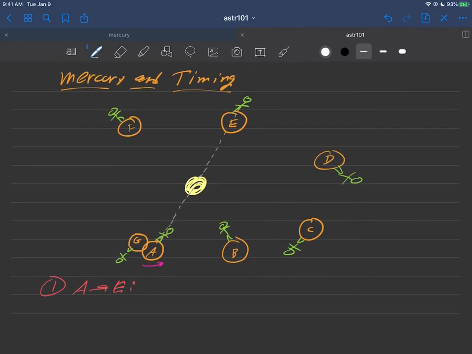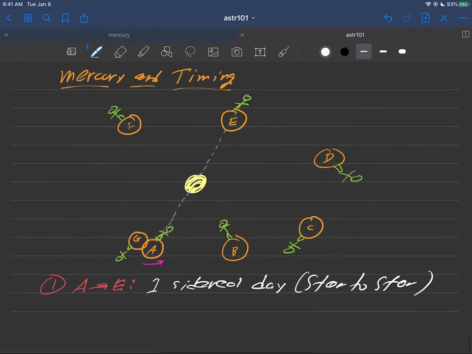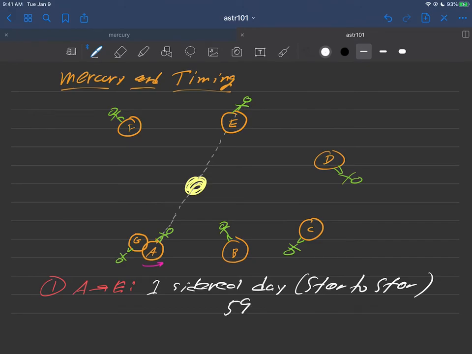So A to E, on Mercury, is one sidereal day. Remember, that's the star to star timing. And it turns out on Mercury, that timing is 59 days. 59 days. So we'll compare it with the Earth in a minute, but just keep that in mind, 59 days.